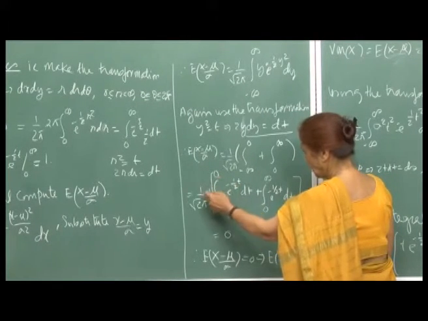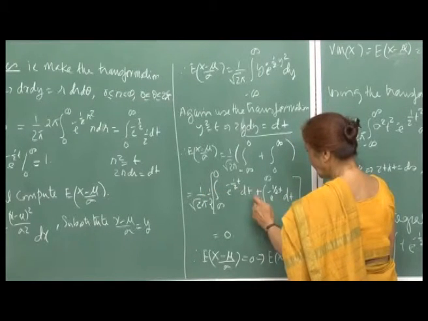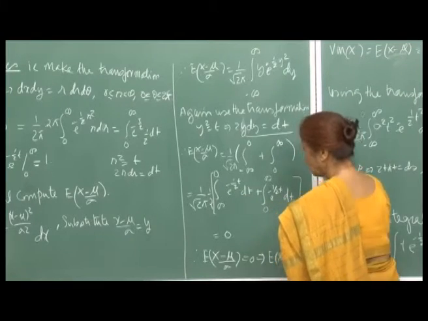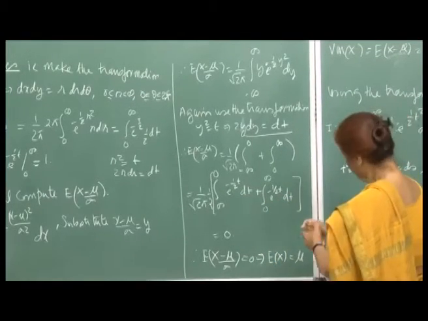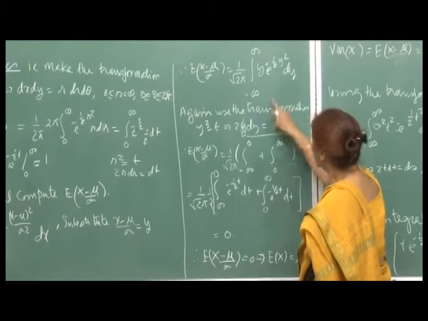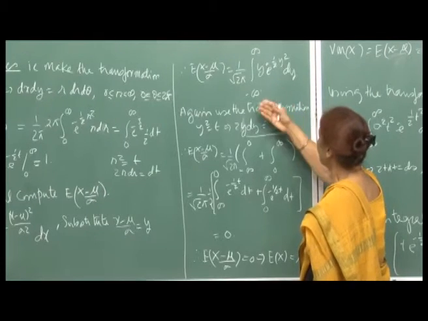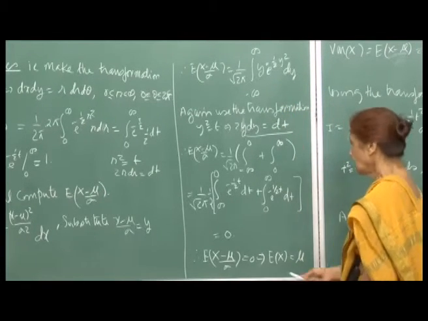When you change the limits, it will become a minus sign. So, there will be a minus sign here and the same integral with a plus sign. So, when you add, the result is 0. I just showed you the steps in case you were not very sure, but otherwise we could have concluded our computation at this step itself and said that this is equal to 0.